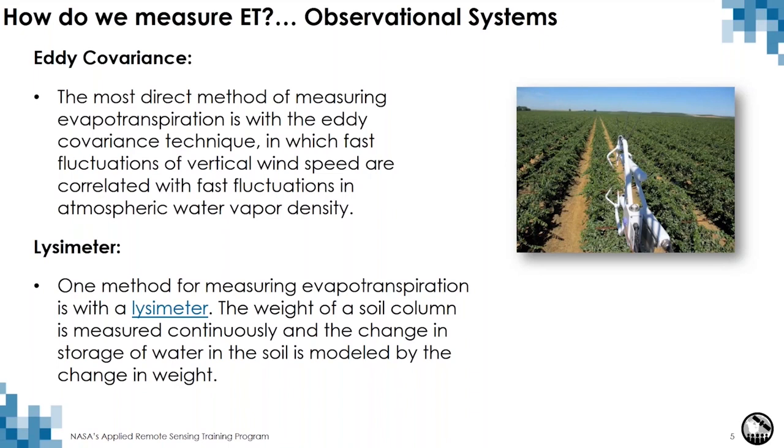I think the other real take-home message is both of these methods are pretty cost prohibitive. They're very expensive to build, they're very expensive to maintain, and frankly, that's why we only have several hundred of them to measure ET globally. So, having direct measurements of ET from these observational systems is not something that we could do everywhere.